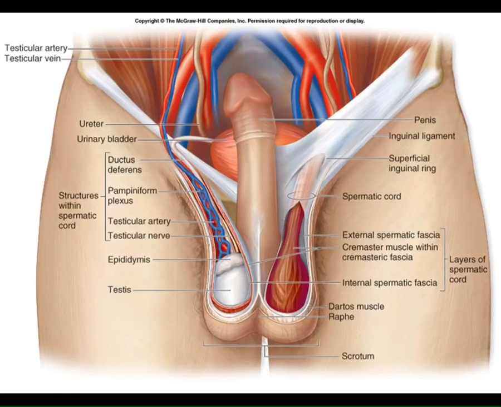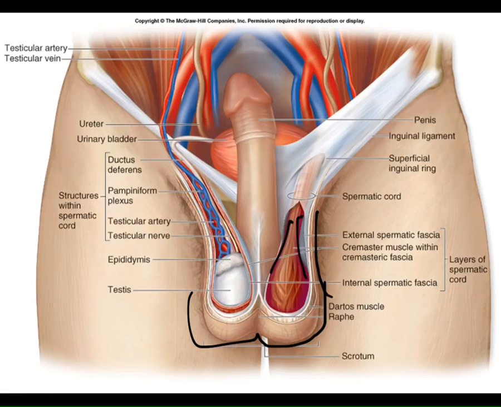The cremaster muscle, again, is going to pull up on the testes. And there's also a dartos muscle that is going to be around the scrotum, and that is also going to either kind of wrinkle or relax around the scrotum, and that's also going to be part of the temperature regulation story with the testes.